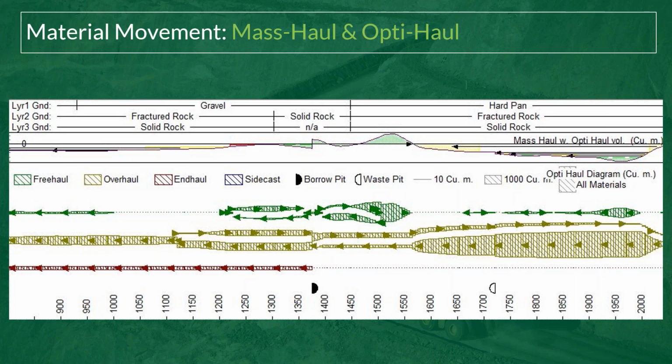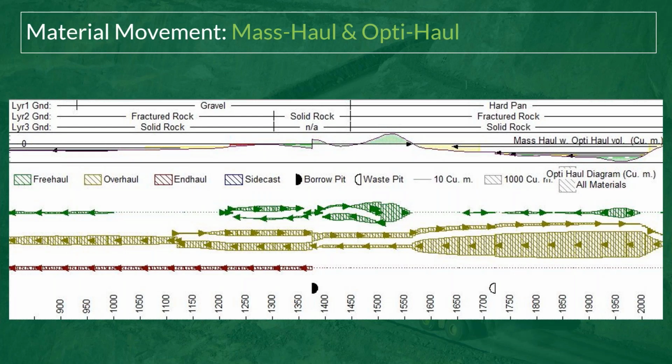So I believe in this next section, Matt's going to talk a little bit about the mass haul, the impact that ground types have on it, and then introduce a little bit more around the Opti-haul diagram and how you can use it to address the deficiencies of that traditional mass haul. With that, Matt, really short pass back to me. I'm going to send it back to you. Cool.